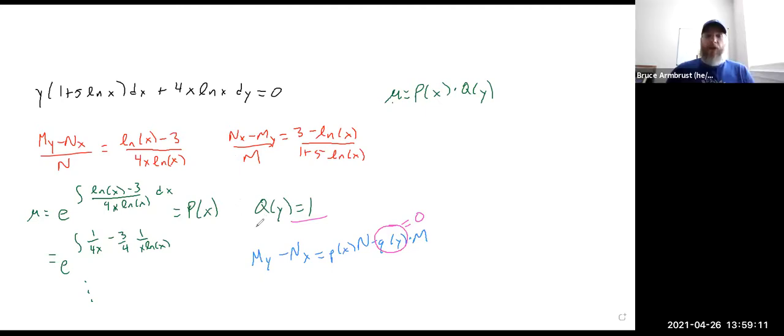There are going to be times where you can't find the little p and q's. So you can't find the big P and big Q. Sometimes you don't actually have to find the little ones. You can find the big ones by doing some system of equations deal. But there are going to be times where you can't find an integrating factor that works.